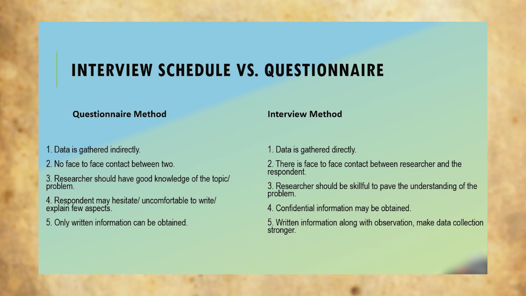In the interview method, confidential information may be obtained if the interviewer is skilled. And lastly, in the questionnaire method, we can obtain the information only in written form, and in the interview method, written information along with observation makes data collection stronger.